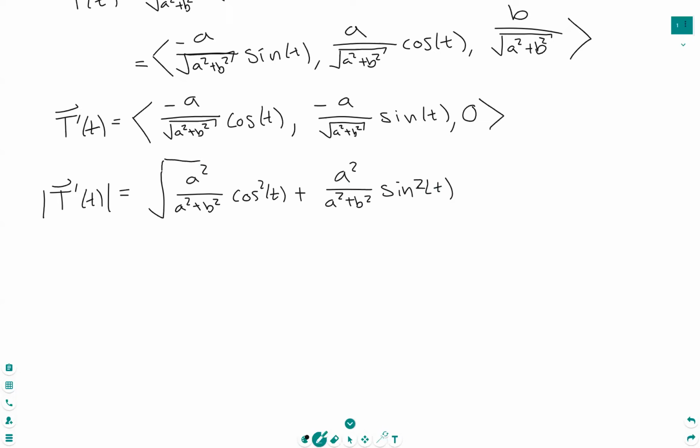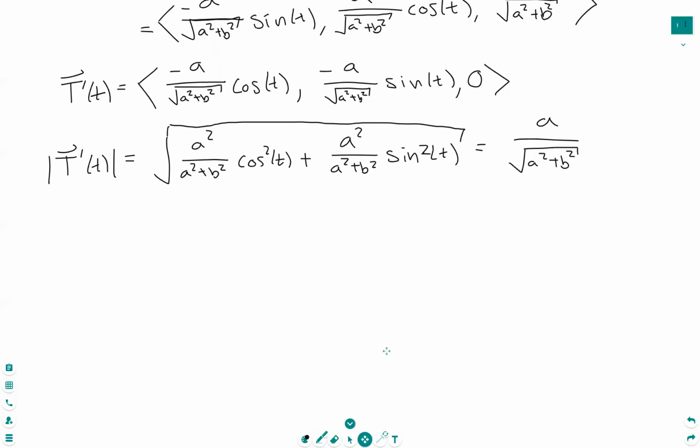So I'm just going to end my radical here. Once again, we have the same coefficient in front of our cosine squared and sine squared, so we can write that as a over the square root of a squared plus b squared. So we divide by this quantity to get our normal vector.